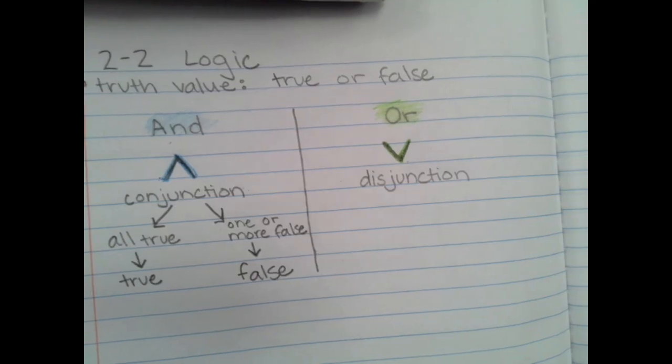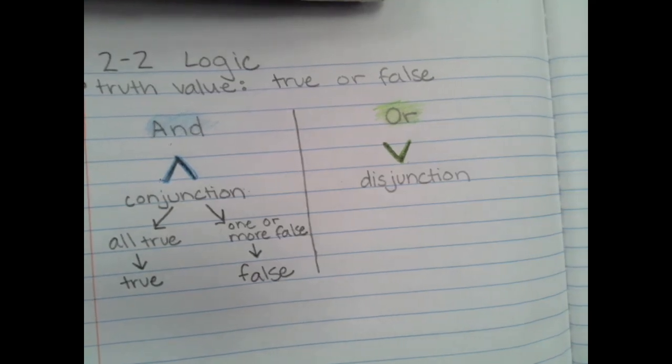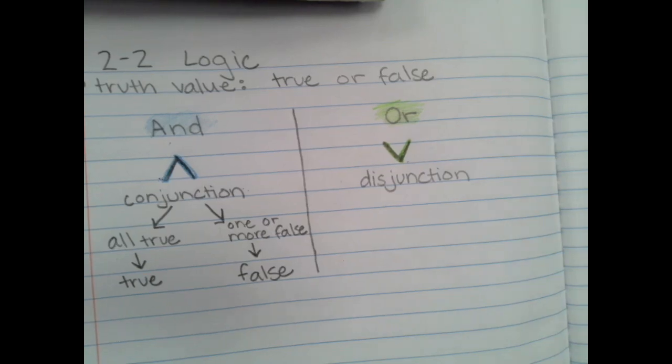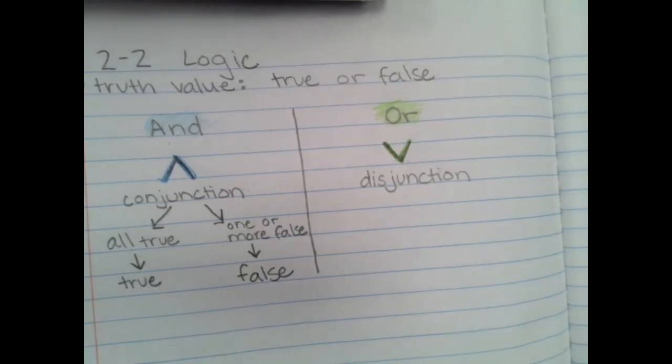All right, disjunction. So this time, if your grandma says, in order for you to go to the movies, you either need to clean your room or do the dishes. If you just clean your room, is that good enough? Yeah, because it was an or, you didn't have to do both. Could you do both? Yeah, your grandma would probably be really happy if you did both.